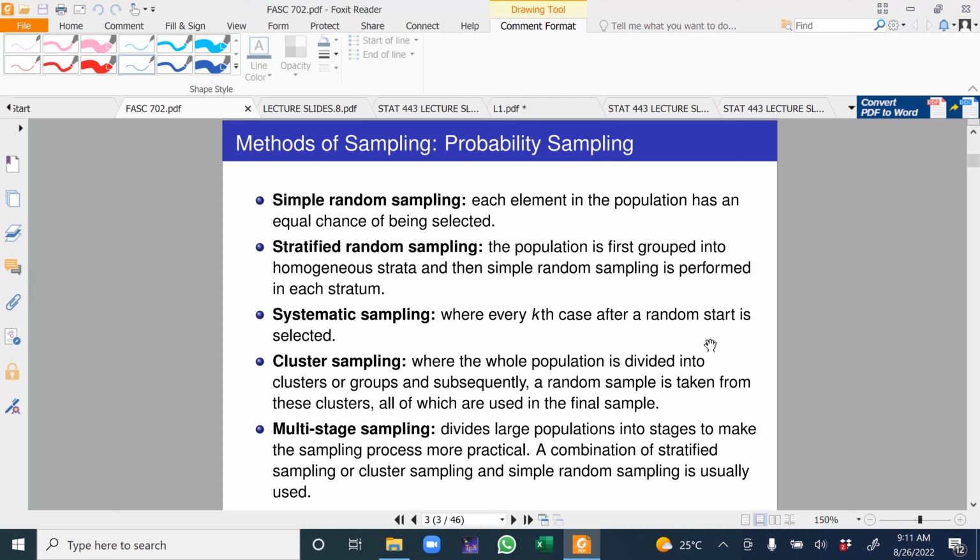Now, in cluster sampling, again, we have a heterogeneous population. And in this heterogeneous population, instead of dividing the population into homogeneous subgroups, our subgroups are going to be still heterogeneous.